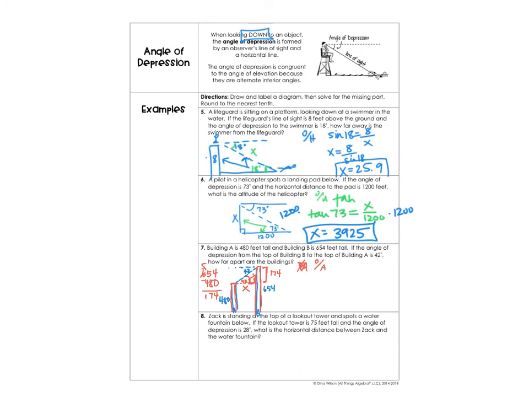Opposite and adjacent is tangent. So we are finding the tangent of 42 equals opposite, which is 174, over adjacent, which is x. Now remember, these two just swap places. So you have x equals 174 over tangent 42. So 174 divided by tangent 42 is 193.2. Okay, I want you to try number 8 on your own.